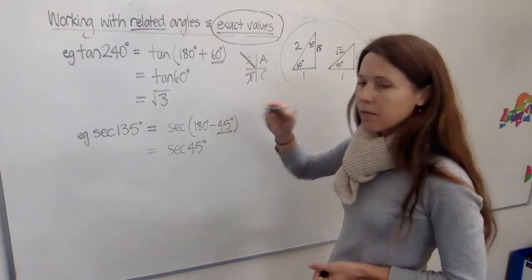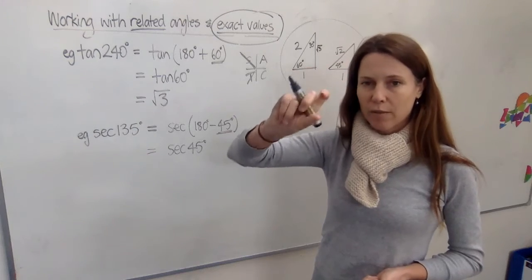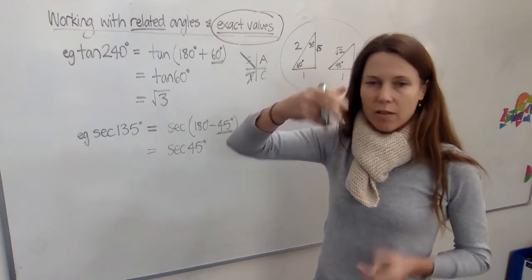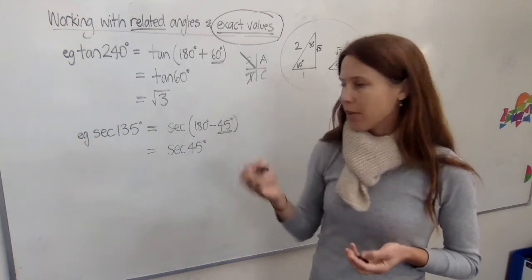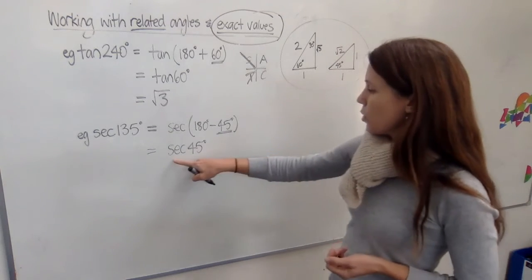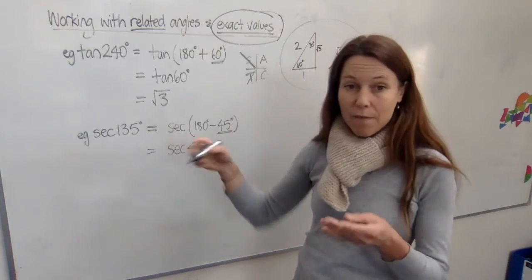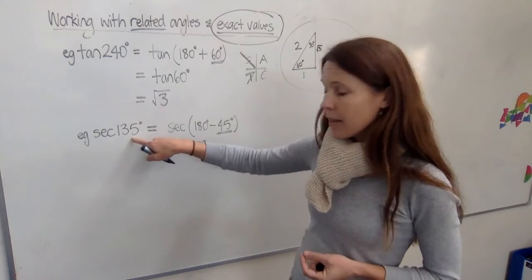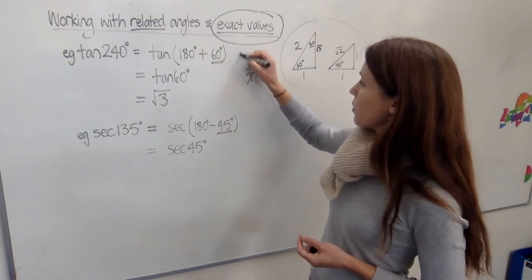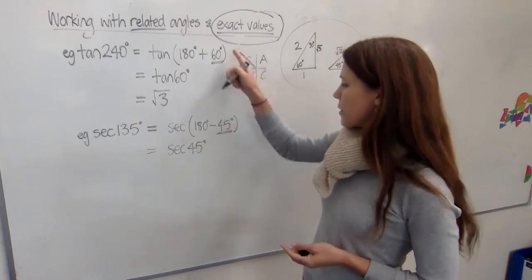Okay? Now those inverse ratios, they're just each other flipped upside down like a fraction. The sign doesn't change, the positive or negative out the front. So we know that sec 45 and sec 135 are virtually the same, except sec 135 will be negative, okay, because it's related to cos, and it's in the second quadrant.